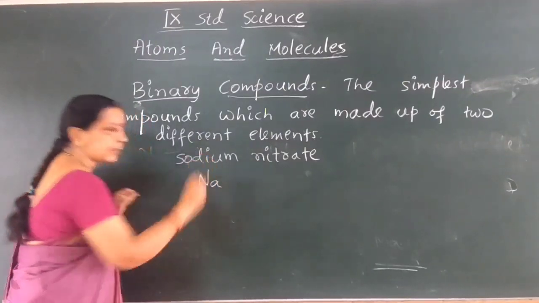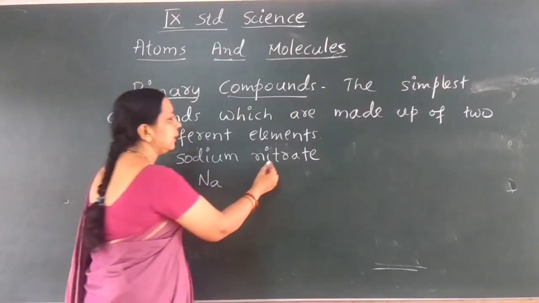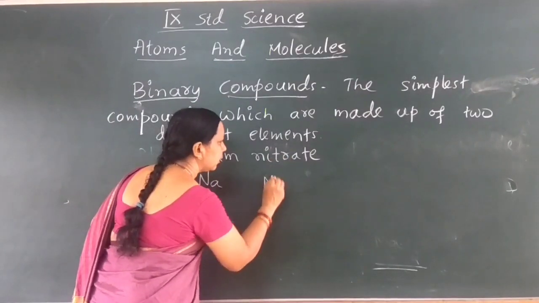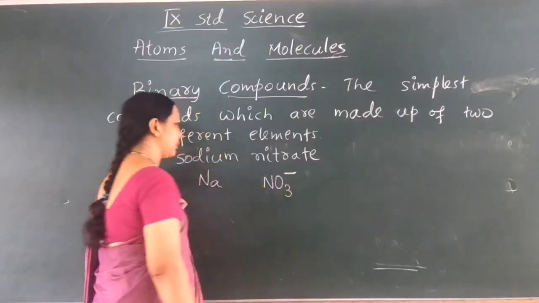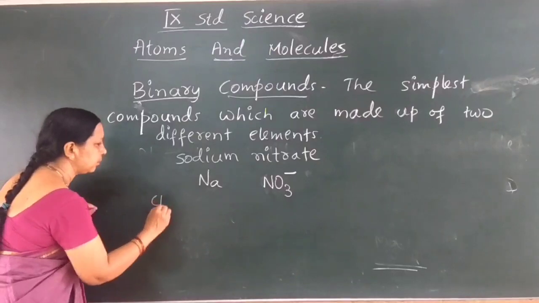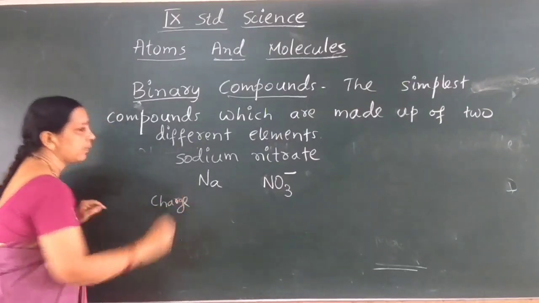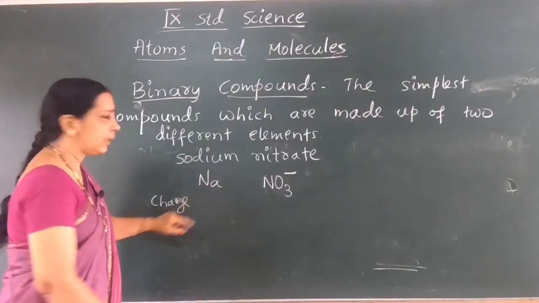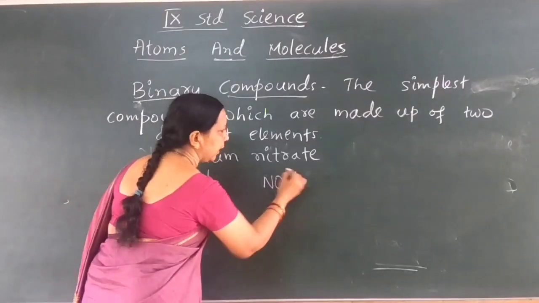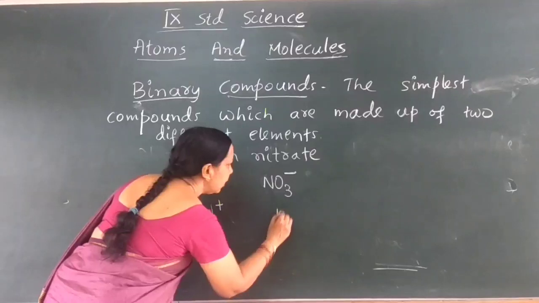Sodium symbol is Na and nitrate symbol is NO3 minus. So now what is the charge? Sodium Na plus, charge is 1 plus, and NO3, look here, charge is 1 minus.